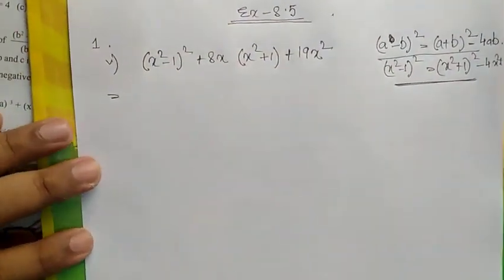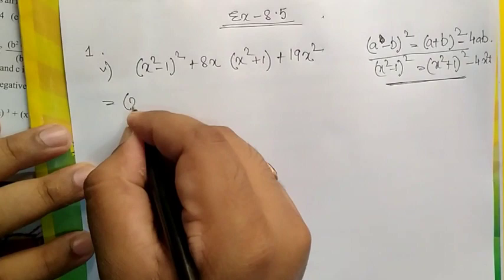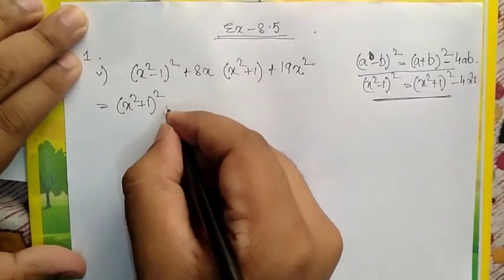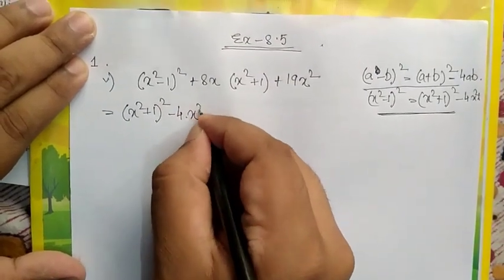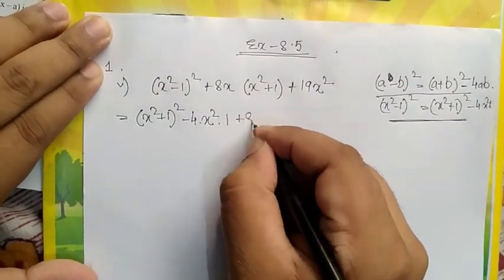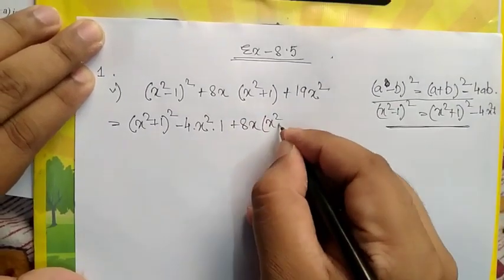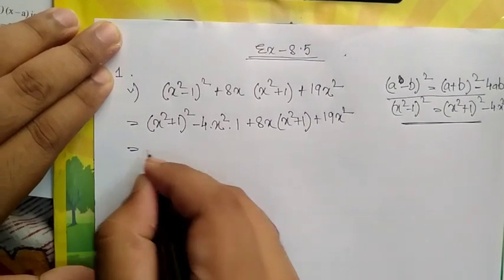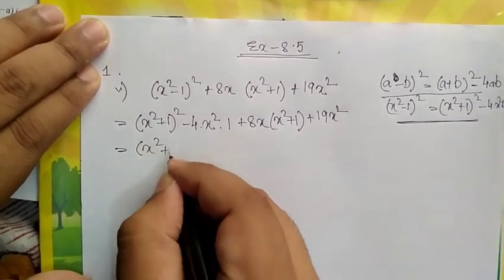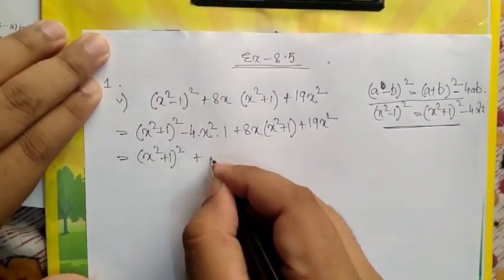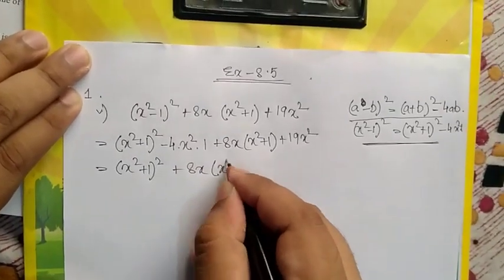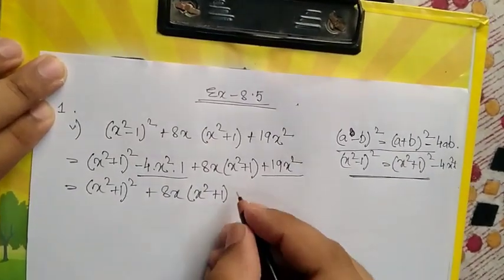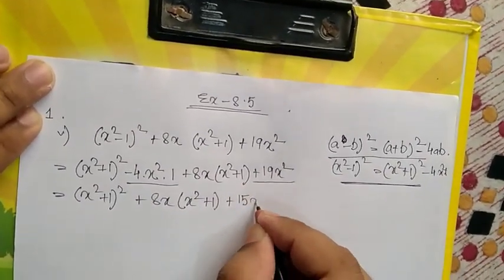So therefore (x square minus 1) whole square, we can write (x square plus 1) whole square minus 4 into x square into 1 plus 8x(x square plus 1) plus 19x square. Now after that (x square plus 1) whole square plus 8x(x square plus 1) minus 4x square plus 19x square plus 15x square.